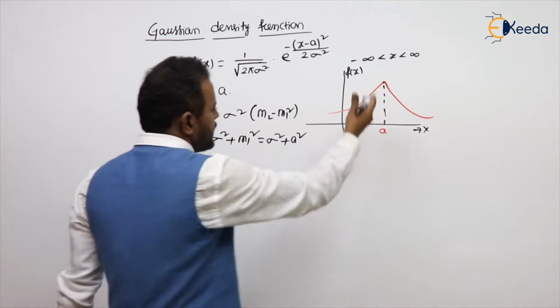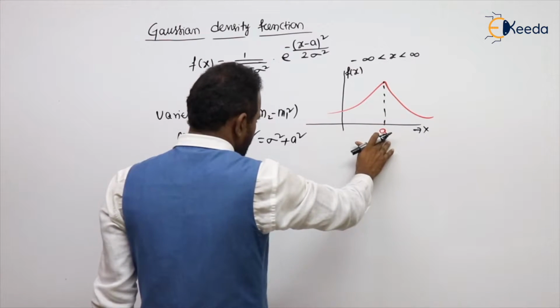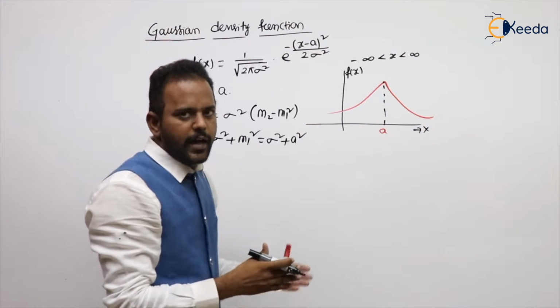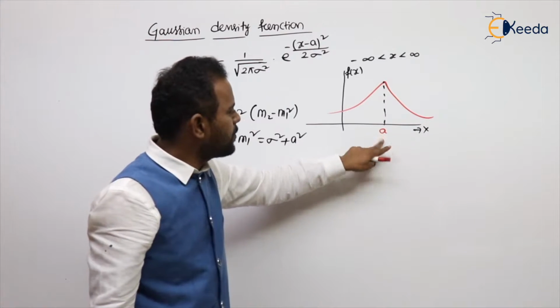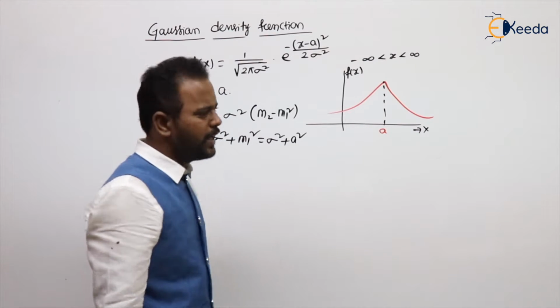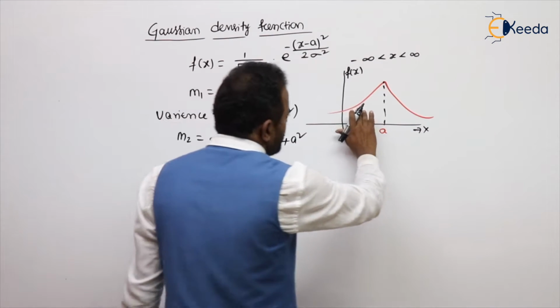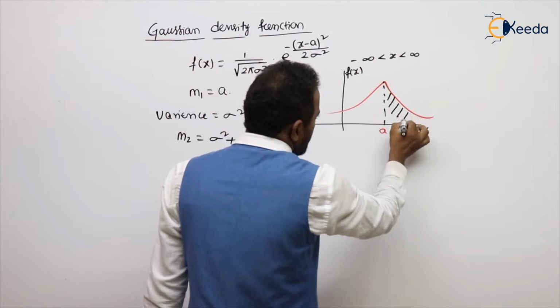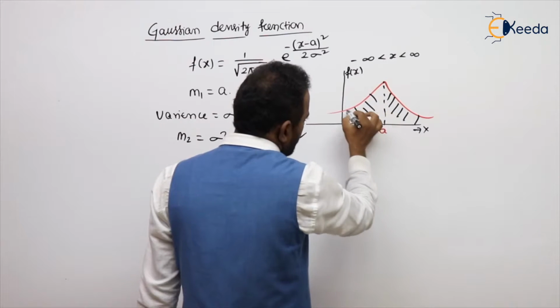And here it is symmetrical about this point. If a PDF is symmetrical about any point along the x-axis, that symmetrical point itself is called the mean value also. Now, this is symmetrical, so this area is equal to this area.